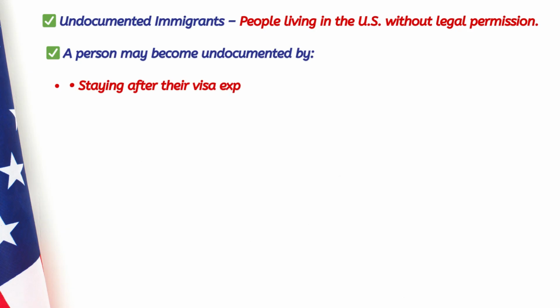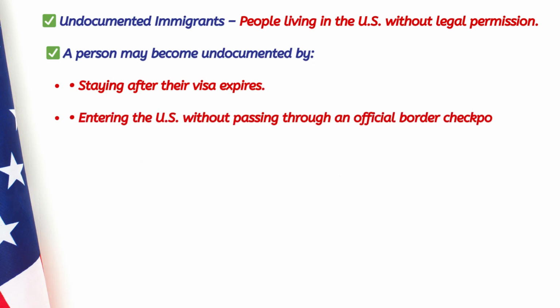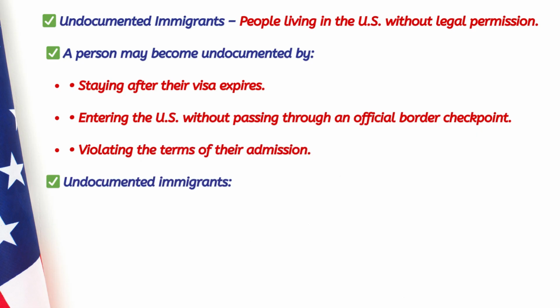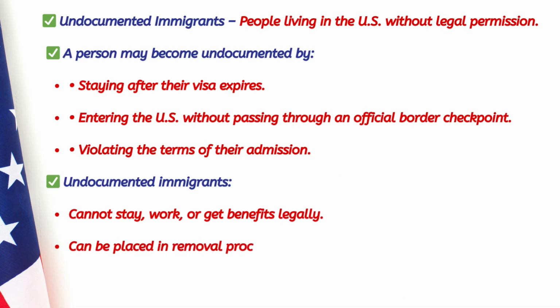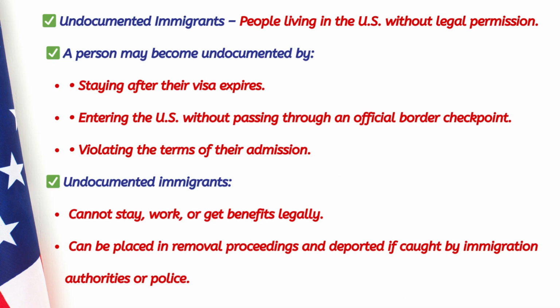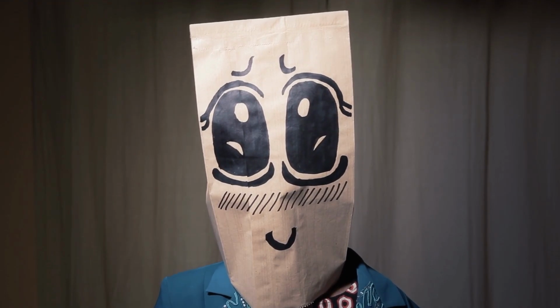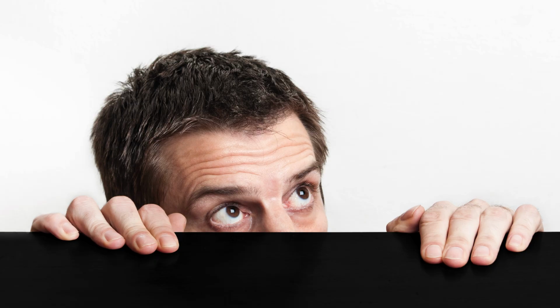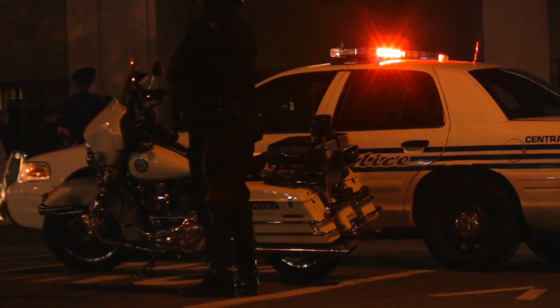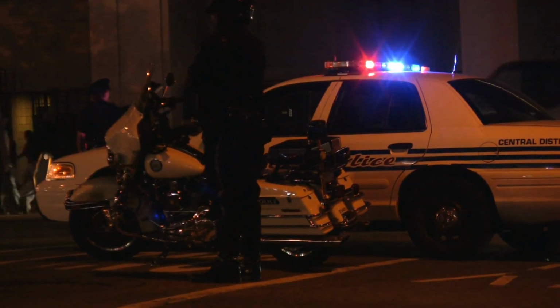A person can become undocumented if they stay in the United States after their visa has expired, or if they entered the United States without going through an official border checkpoint, or if they violated the terms of their admission. This means they cannot stay in the country legally, work legally, or get benefits, and they can be placed in removal proceedings and deported if they are caught by immigration authorities or the police.